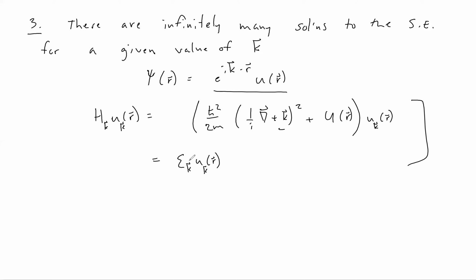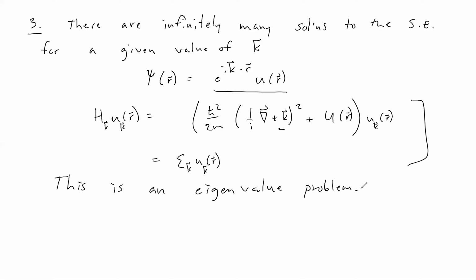So this Schrodinger equation is really now an eigenvalue equation for the function u.